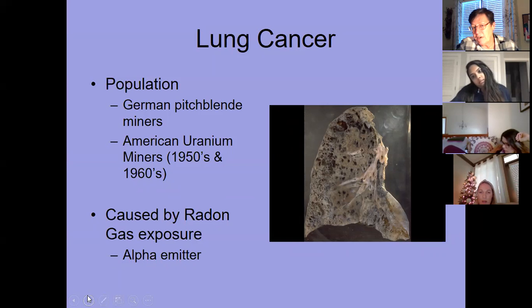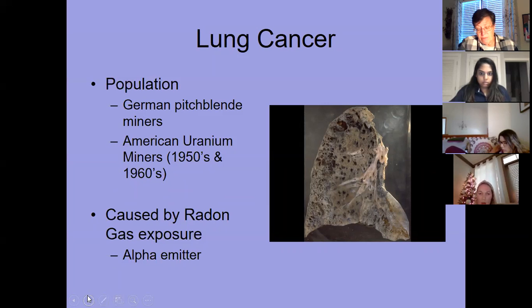And then the American uranium miners from the 1950s and 1960s. As uranium decays, one of the byproducts is radon gas. Radon gas is an alpha emitter. So these miners are in the mines breathing in radon gas.